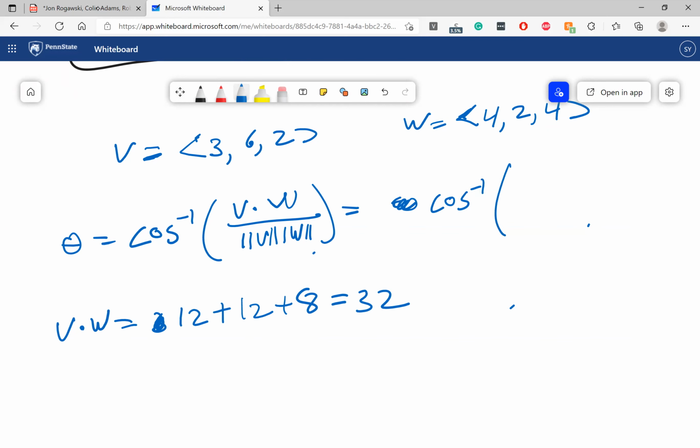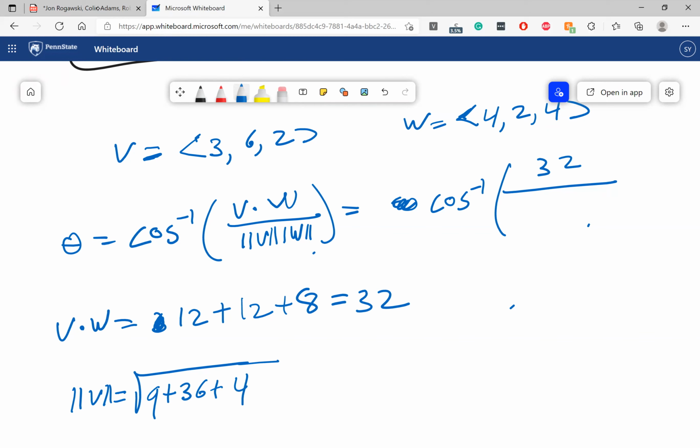So we can say this is cosine inverse of 32 over, okay, what's the magnitude of V? That's going to be the square root of 9 plus 36 plus 4, which is the square root of 49.